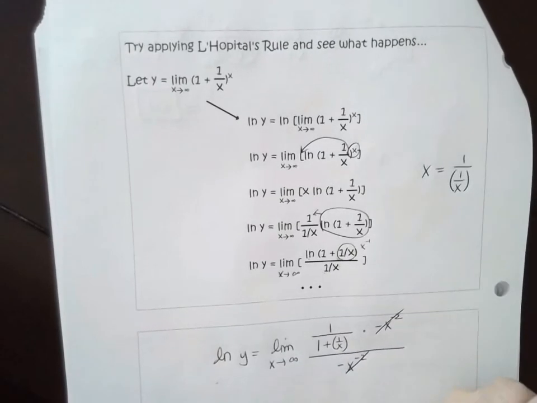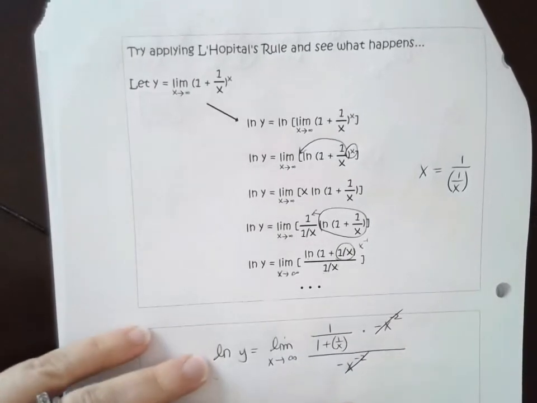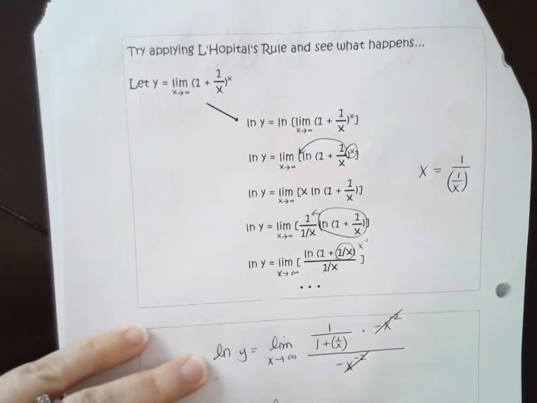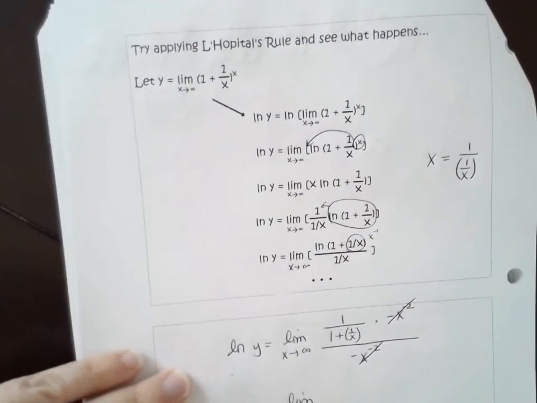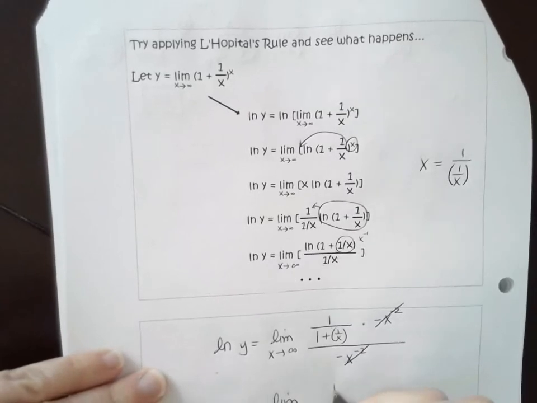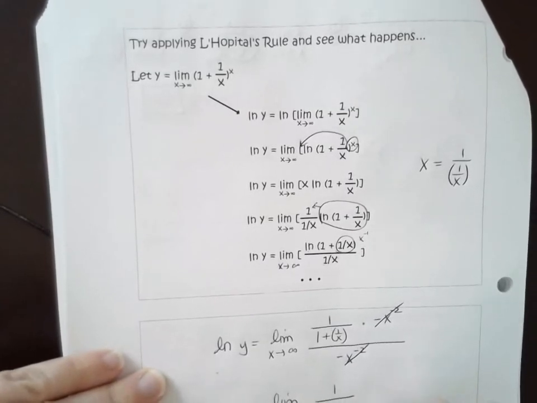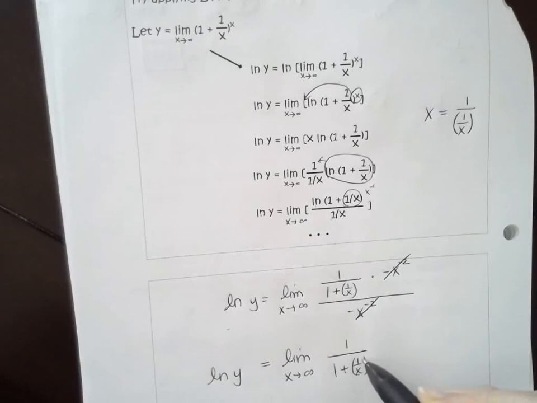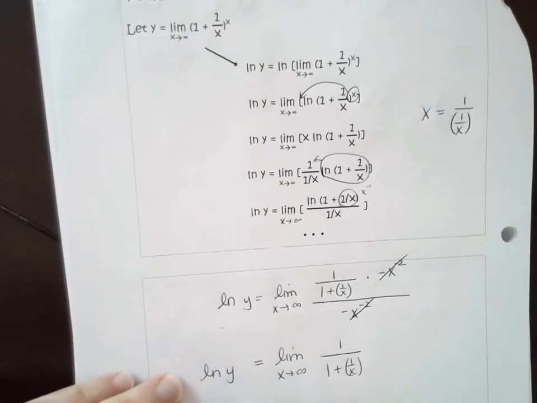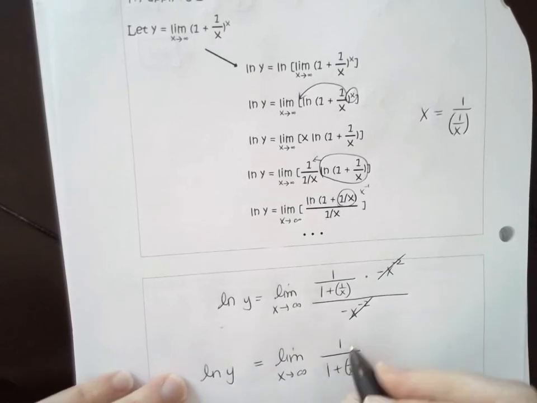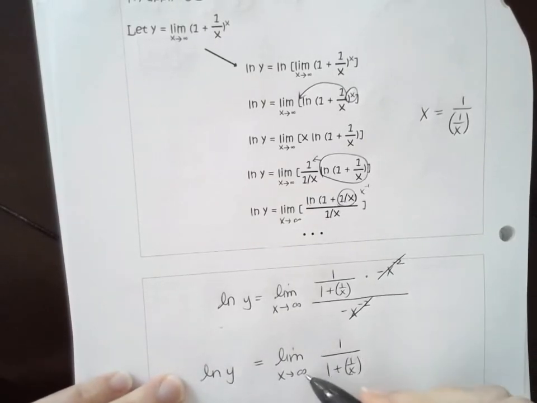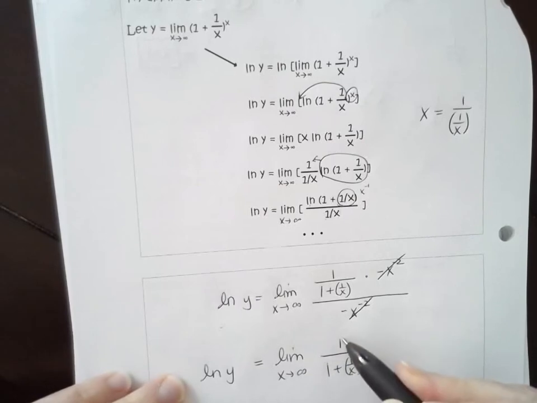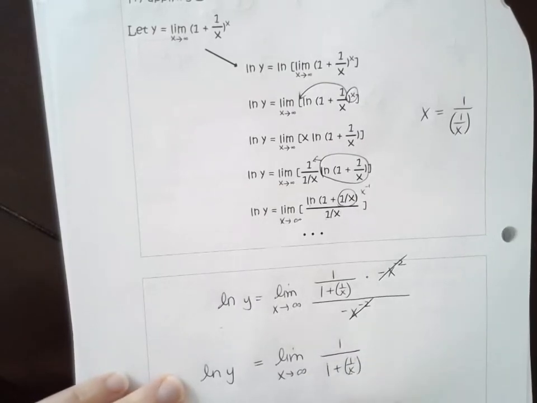These can cancel, and I now have 1 over 1 plus 1 over x. If I plug in infinity, then I get 0. So this becomes the limit as x approaches infinity, this becomes 1 over 1 plus 0, which is 1.